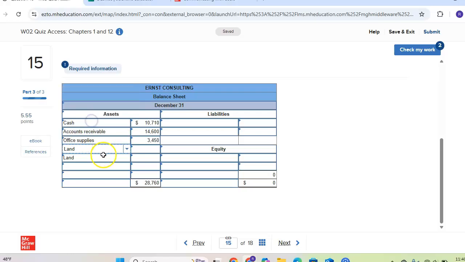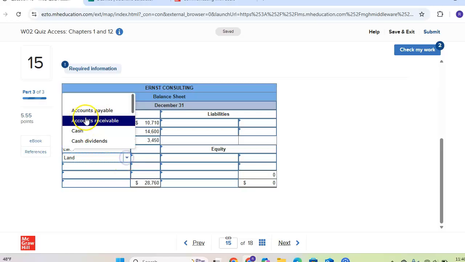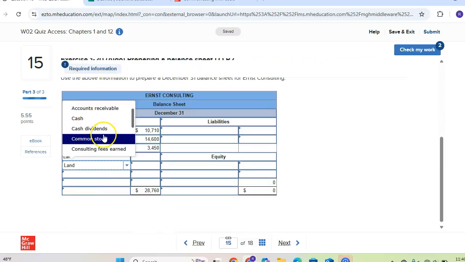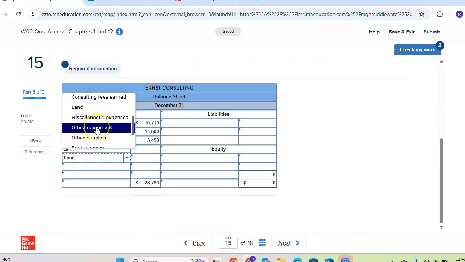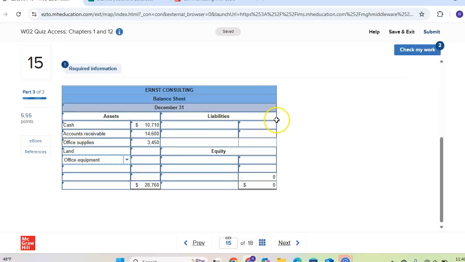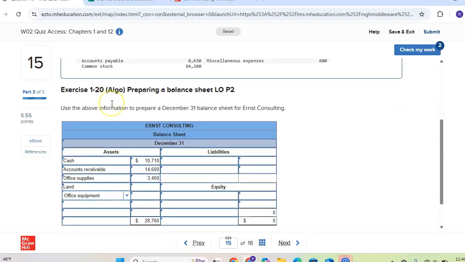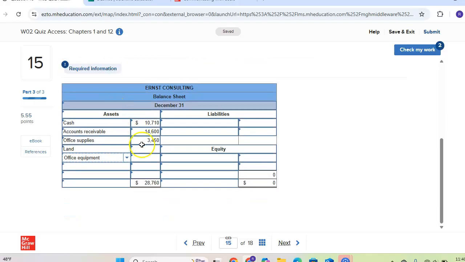Personally, I like to keep the balance sheet similar to the itemization, but that's just a preference. It doesn't really matter. Land is 46,030, and office equipment is 18,170.